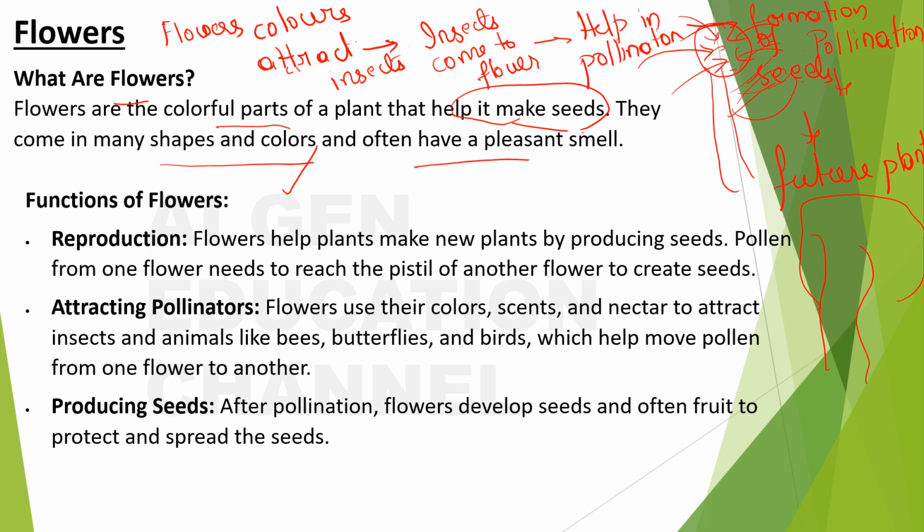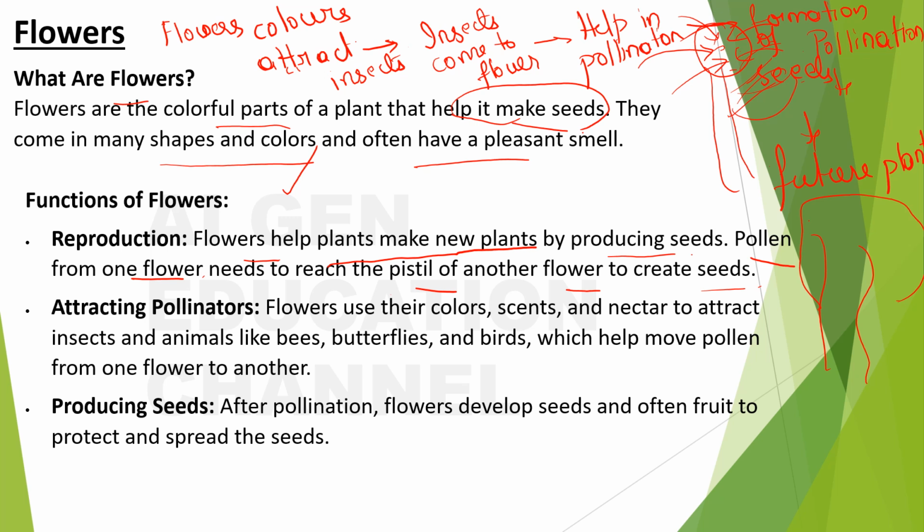Flowers help plants make new plants by producing seeds. So what does it do? Flowers help plants make new plants by producing seeds. This is what I have explained here, right? Pollen from one flower needs to reach the pistil of another flower to create seeds. This process is called pollination. That is, pollen from one flower needs to reach the pistil of another flower to create the seeds.